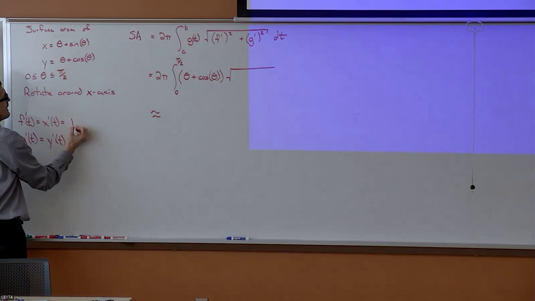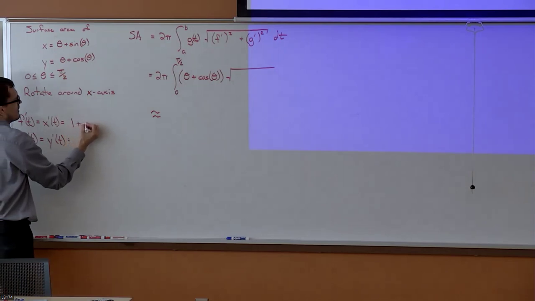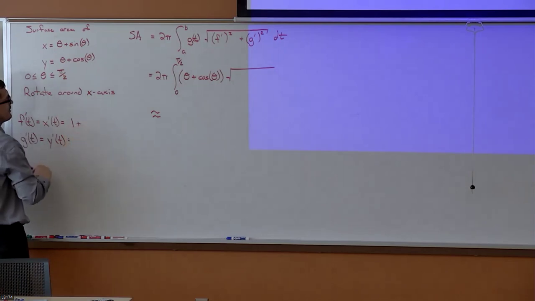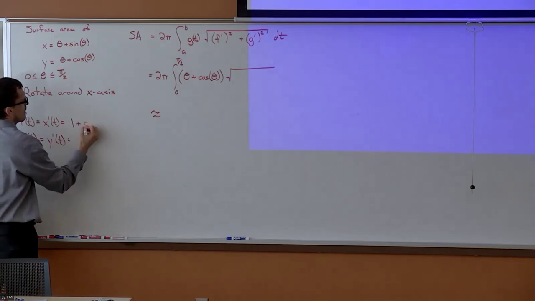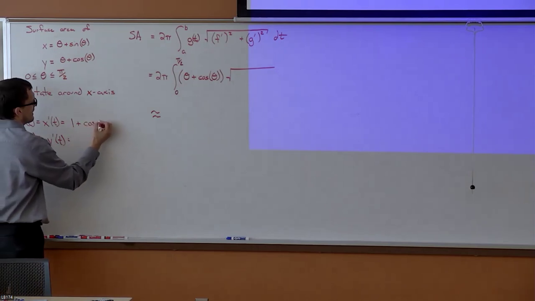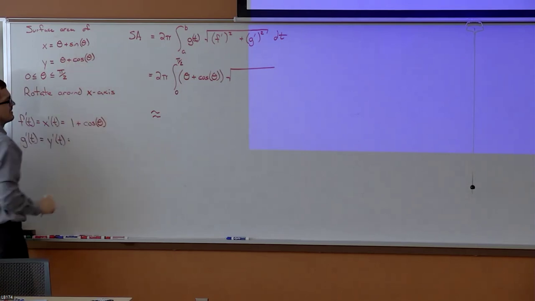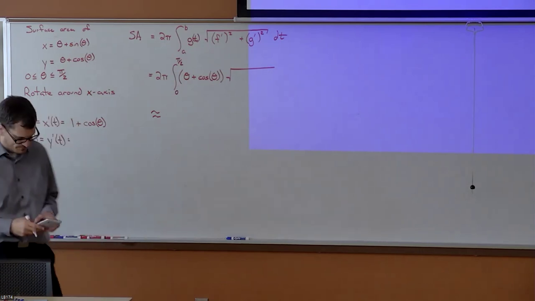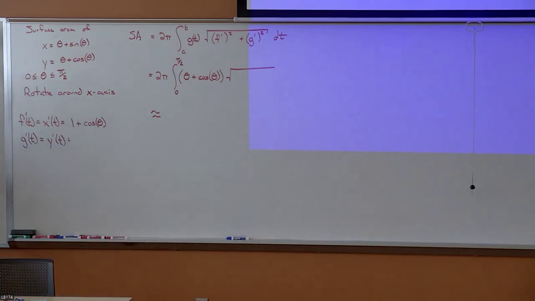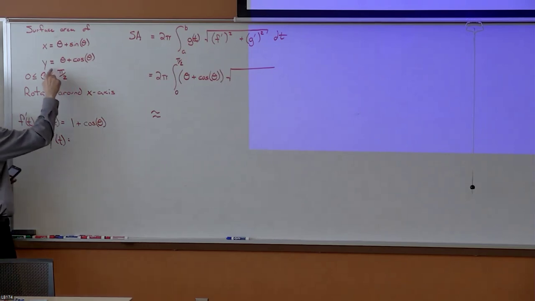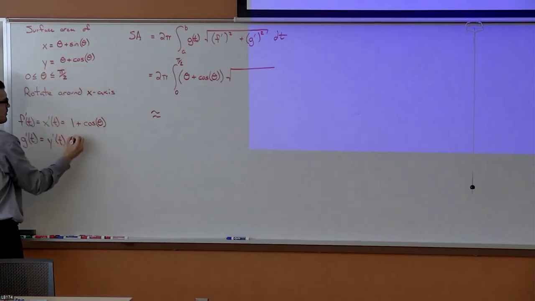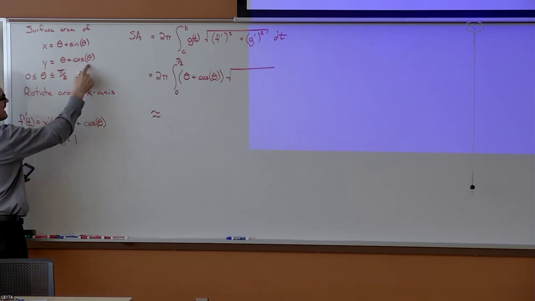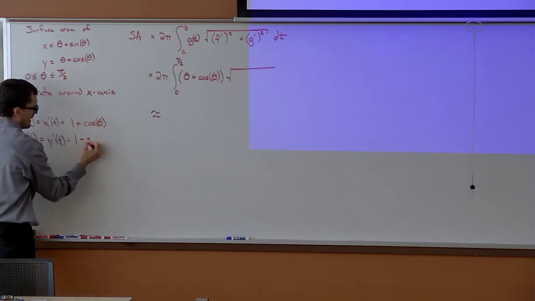There we go. Now your f prime, that's your derivative of this. That's going to be 1 plus cosine theta. Derivative of sine is cosine. Then derivative of our y is going to be 1 minus sine of theta.